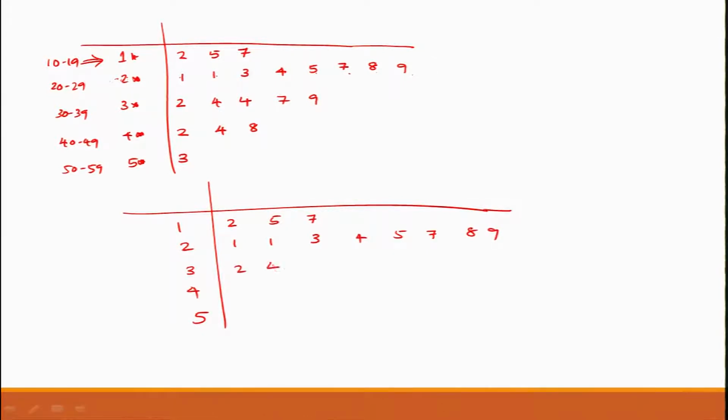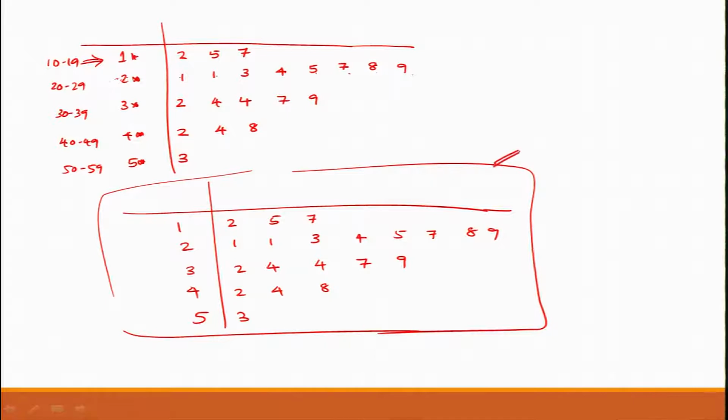Then 2, 4, 4, 7, 9, and 2, 4, 8, and 3. This is what you can call as this diagram that I just drew now. This is called as the stem and leaf display, or stem and leaf diagram.